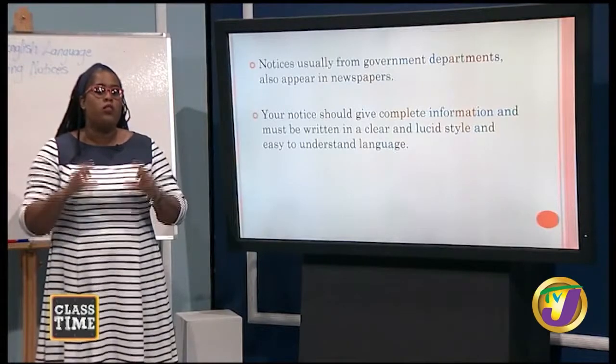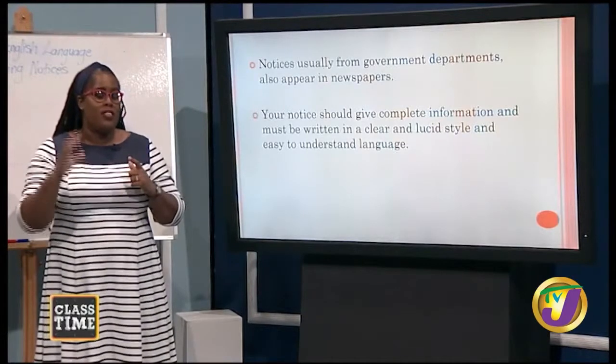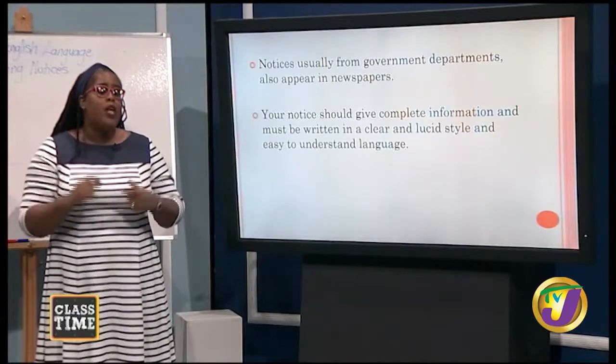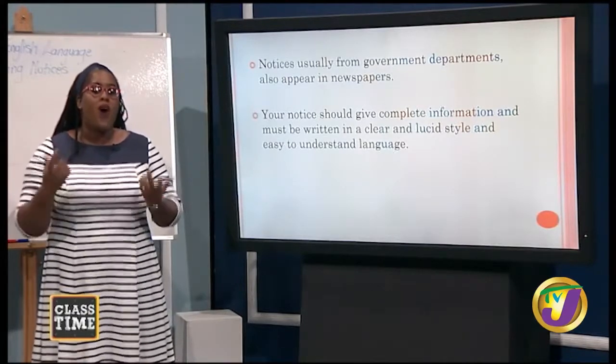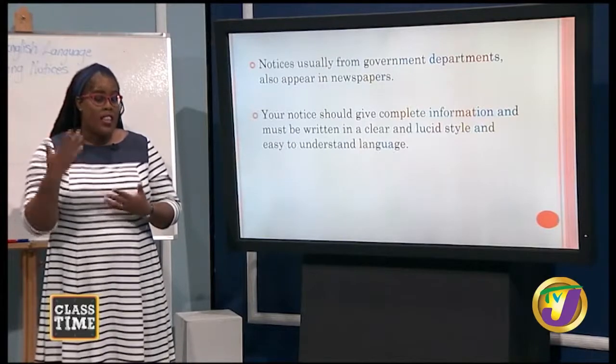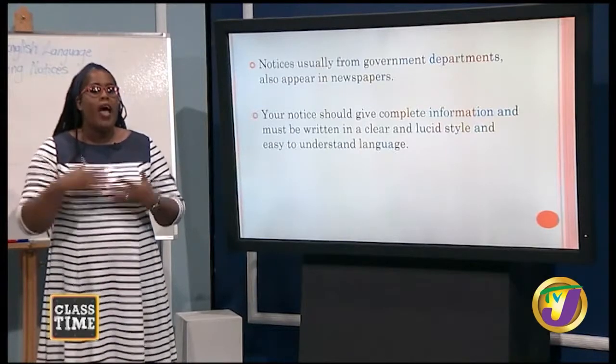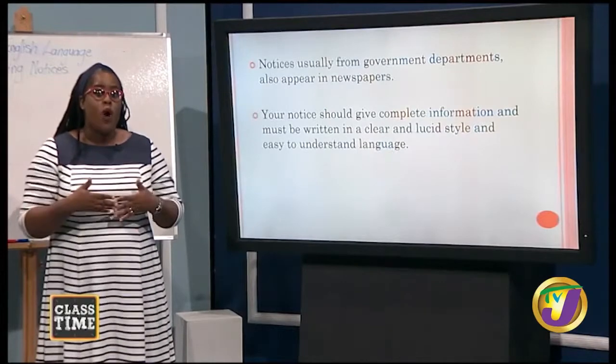Why is it that they use so few words on the notice? Think about it, write it down, and then we're going to find out if you are correct.